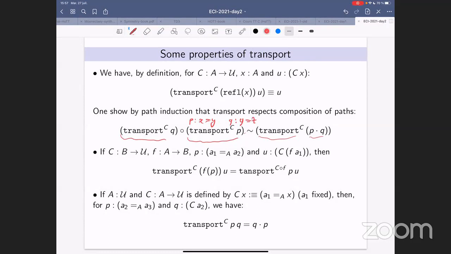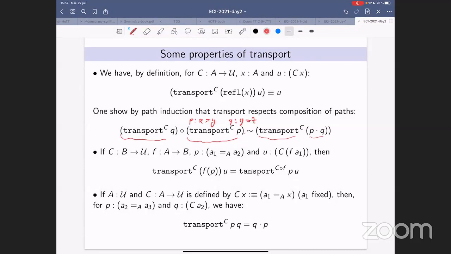So this is a function from Cx to Cz. And of course, here also it's a function from Cx to Cz. And what we ask is that these functions are homotopic. So point-wise, they are equal in the propositional sense. That's what this property says, and it can be proved.